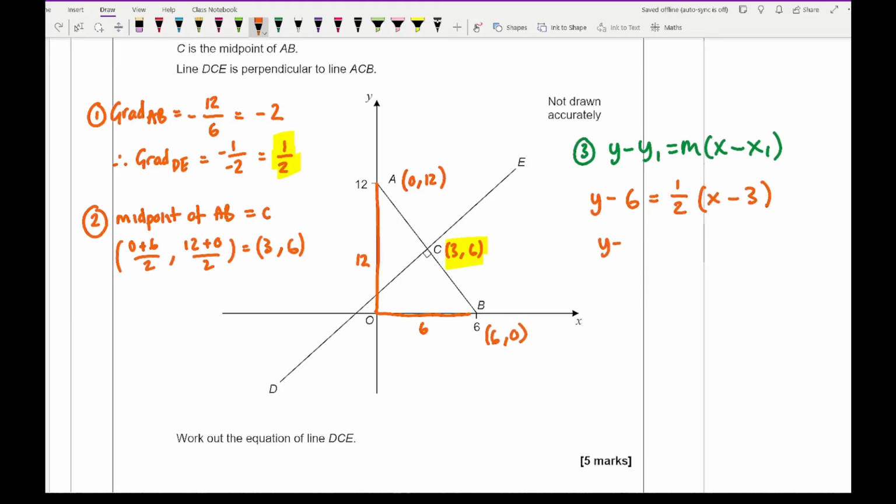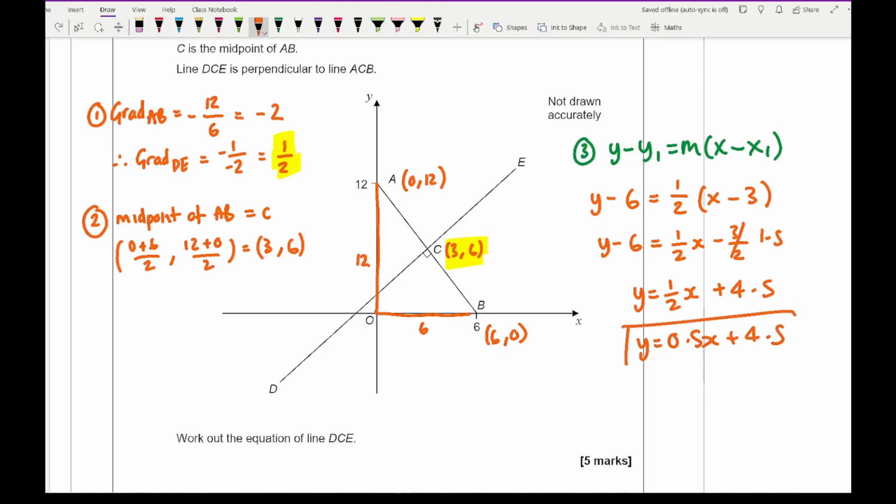So I've got y minus 6 equals 1/2 x minus 3 over 2. So I get y equals 1/2 x, taking the 6 over, and that's going to give me an answer of 4.5, or 9 over 2. So I could write y equals 0.5x plus 4.5.